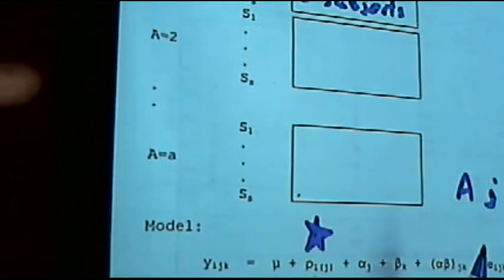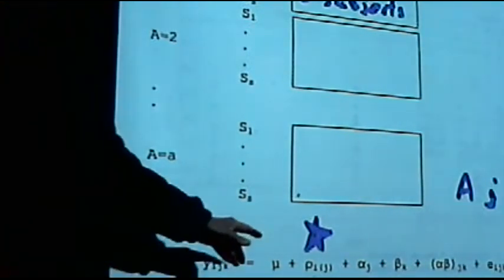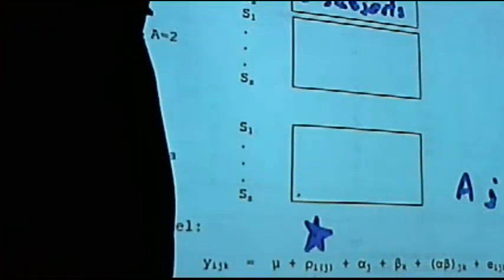That's what we mean by nesting. So subjects are nested in factor A, and we indicate that in our model right there with that nested parameter.